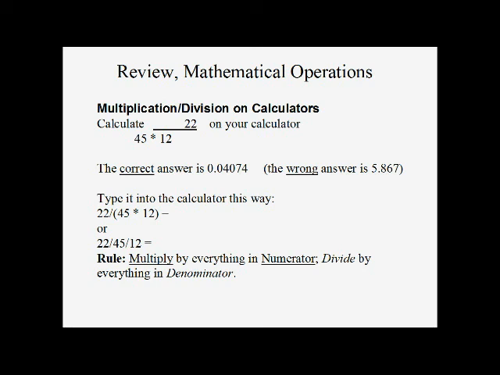So to do it correctly on the calculator, you would have to do 22 divided by open parenthesis 45 times 12 close parenthesis. Or the easy way is we multiply everything in the numerator and divide everything in the denominator: 22 divided by 45 divided by 12.